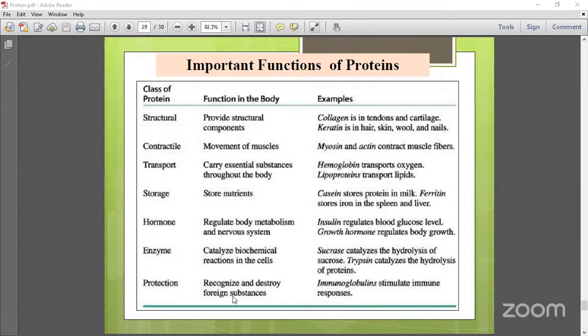Yes, we know that when the body is attacked by foreign substances, they can be recognized and destroyed by the immunoglobulins. Those are the proteins which stimulate the immune response. These were the important functions of the protein.